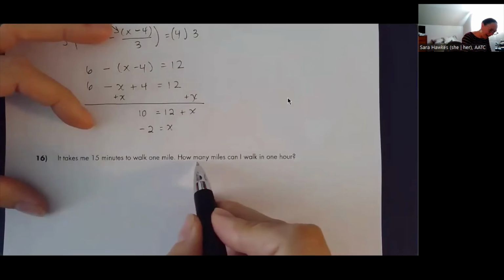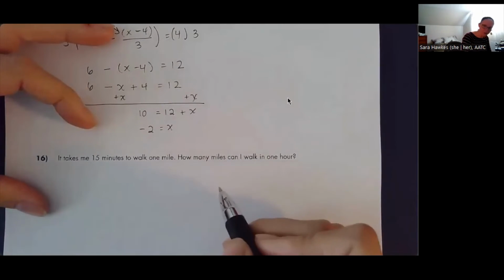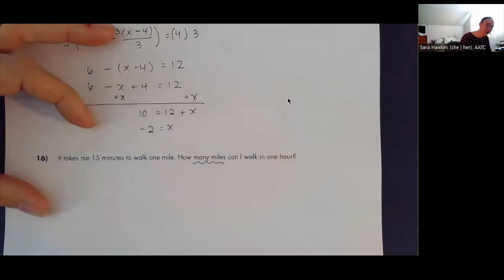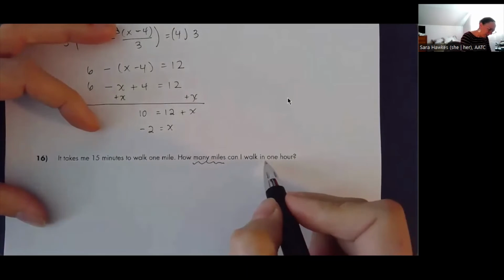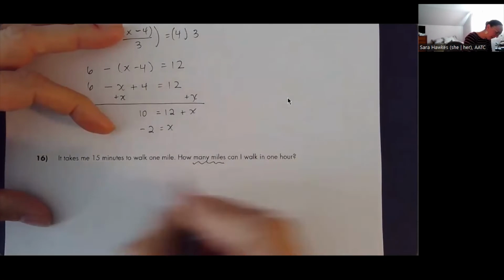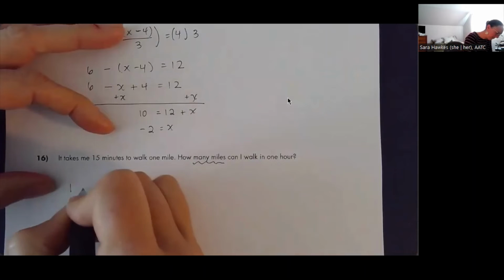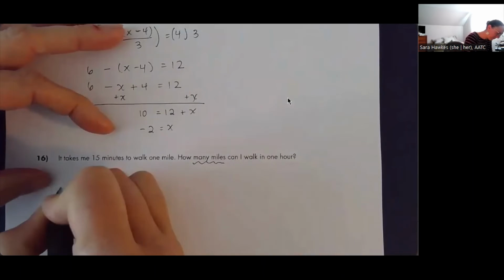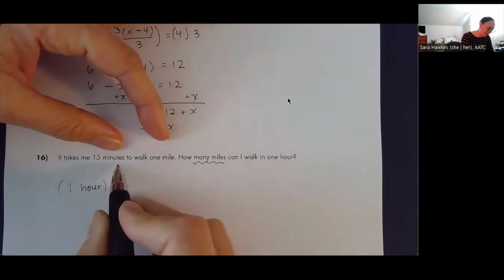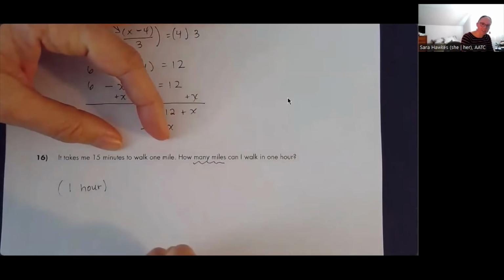We're trying to figure out how many miles we can walk in 1 hour. That means we're looking for our final answer to be in miles. And we're going to do that in 1 hour. So if I think about that 1 hour, this ratio that we have of 15 minutes to 1 mile is in minutes instead of hours.